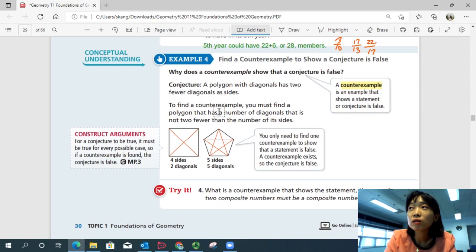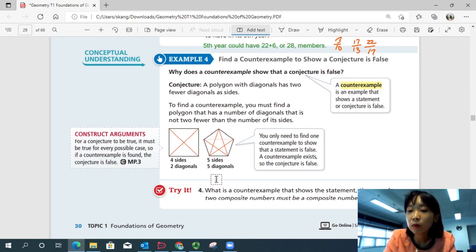A pentagon is a polygon with diagonals, but it doesn't have fewer diagonals than sides. No, they're equal to each other. So this is a counterexample that says the conjecture must not be true, because we have an example that doesn't agree with it. So now try number 4.